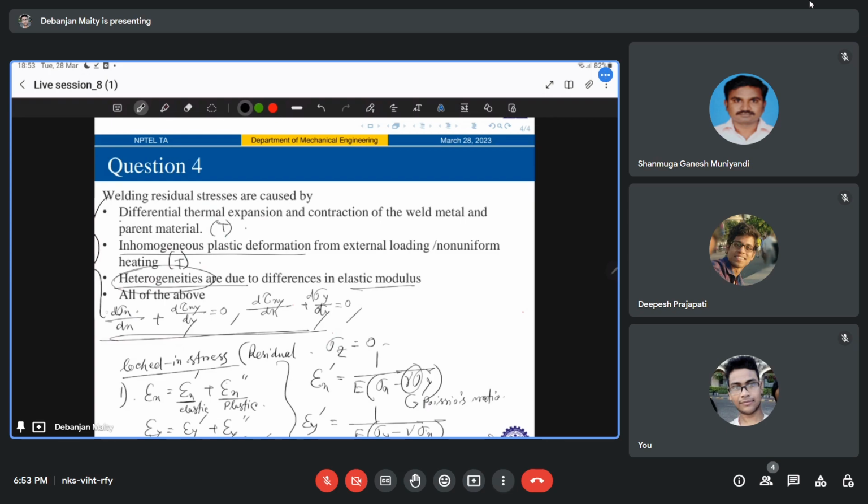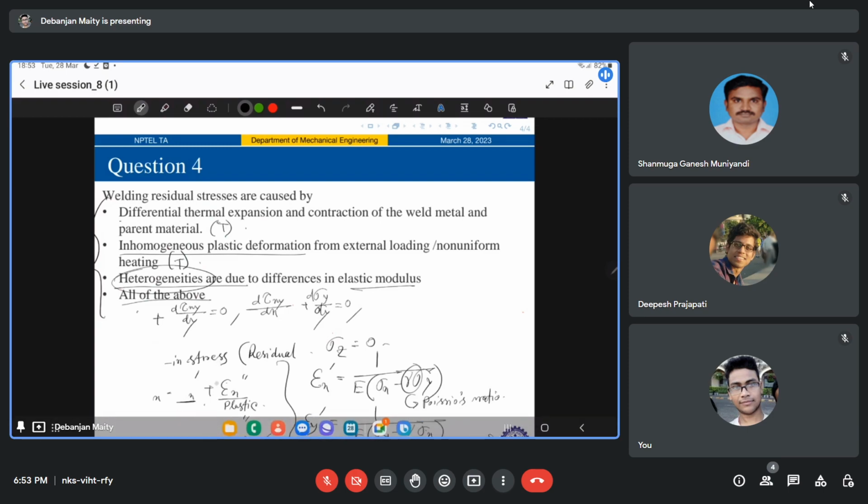So all of these are reasons to induce residual stress in your weldment. Now let us try to understand what the typical residual stresses arising in welding are.